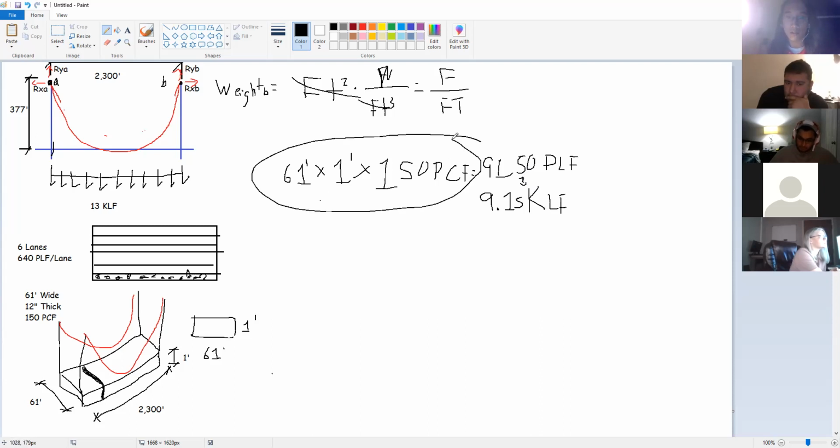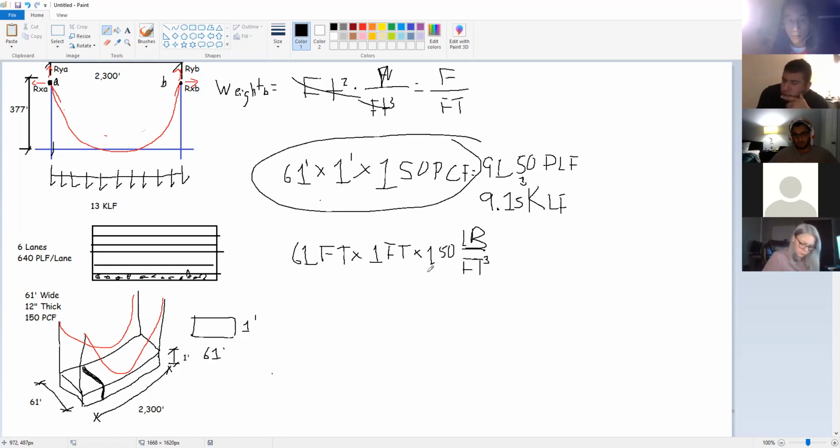So we're just going to take a look at this 61 feet. We're going to break this down: times 1 foot times 150 pounds per cubic feet, feet cubed. Does that make sense? I hope it does.